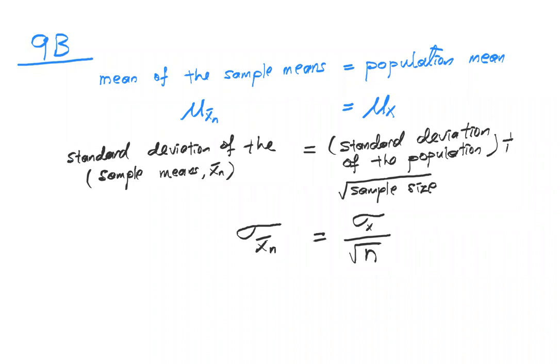This variable, X bar 4, will have a mean equal to the population mean. And this X bar 4 distribution will have a standard deviation equal to the population standard deviation divided by the square root of the sample size.